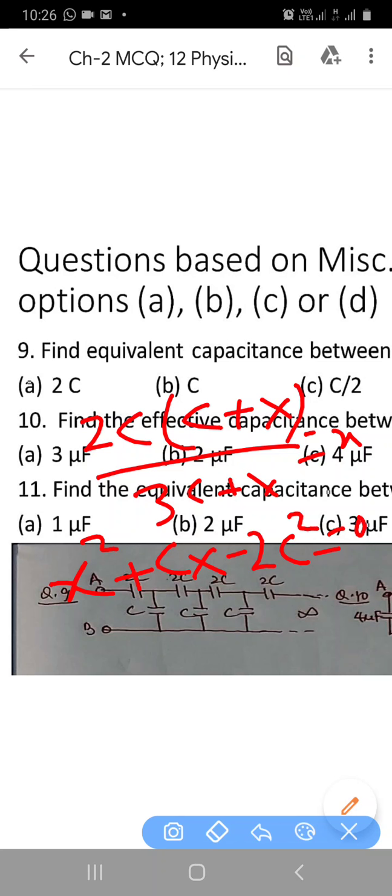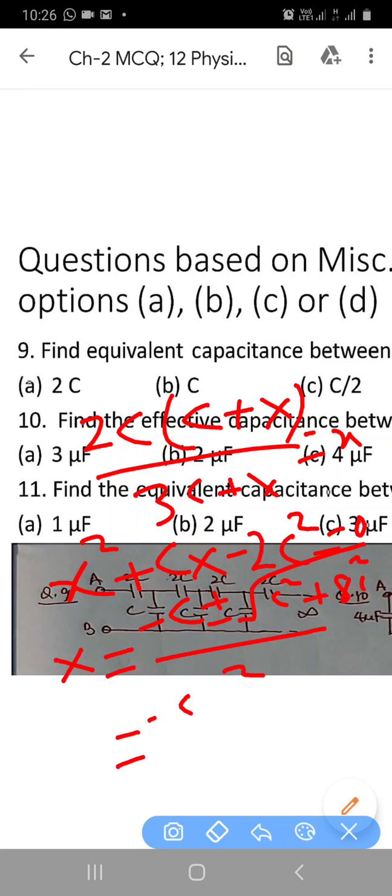This is a quadratic equation. So X is equal to, by Sridharacharya method, if ax square plus bx plus c is equal to 0, then x is equal to minus b plus minus under root b square minus 4ac upon 2a. In this way, minus C plus minus under root C square plus 8C square upon 2, and we are getting minus C plus minus 3C upon 2.